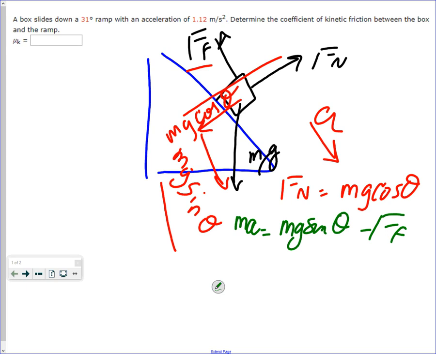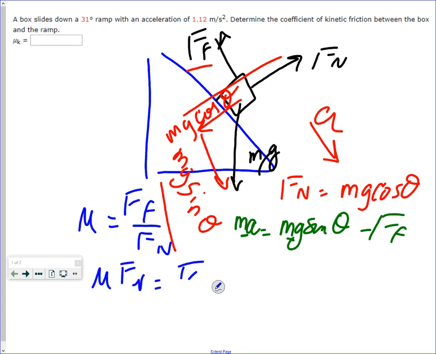Okay, now let's think about this. We don't know mass, we know acceleration, we know g, we know theta. So this is really the only sticking point right there. But you know what? I know something else. I know something about friction, right? Friction has the coefficient of friction. Mu Fn equals the force of friction.